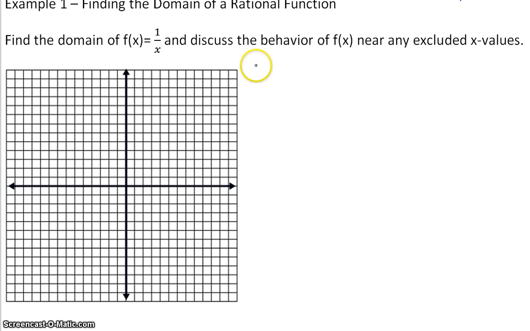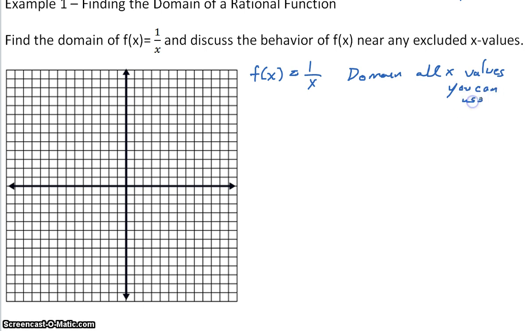So if you look at this first function, it says that we have 1 over x. And remember, the domain is all x values you can use. So we have to look at this and say, what x values can I use in this function? Well, I'm taking 1 divided by x.